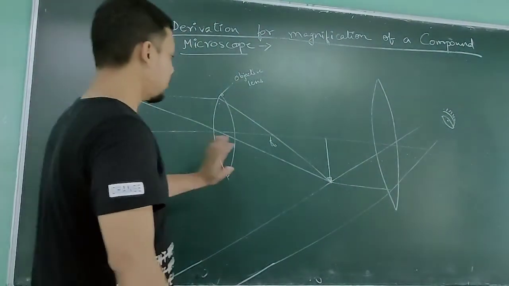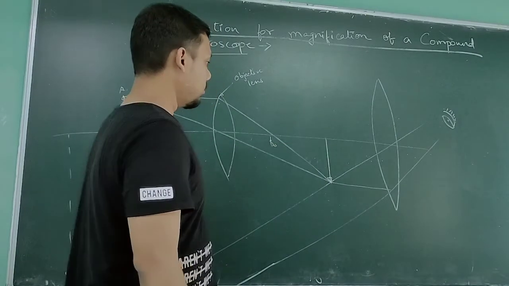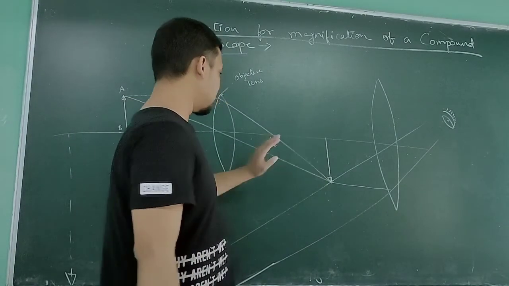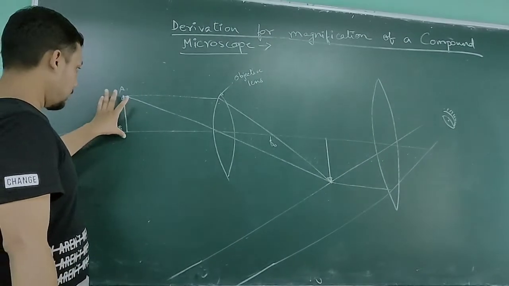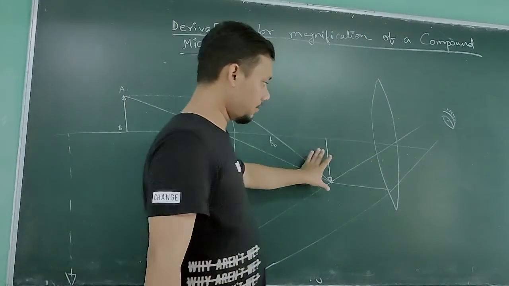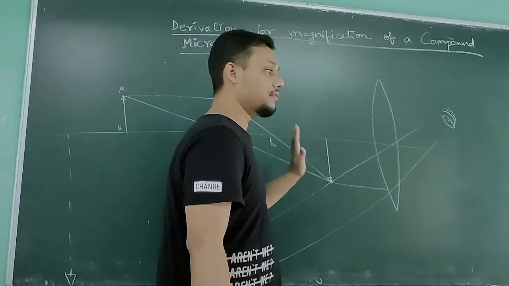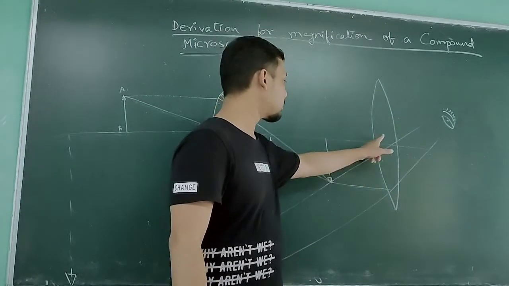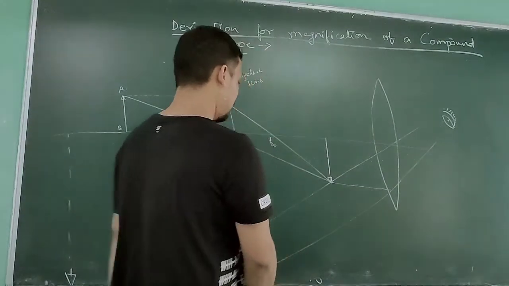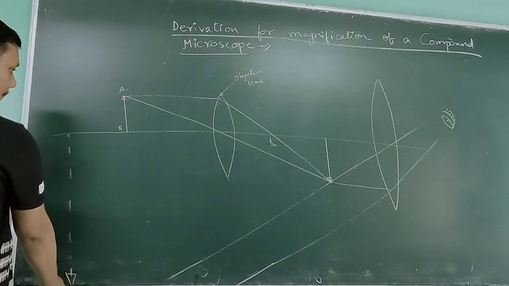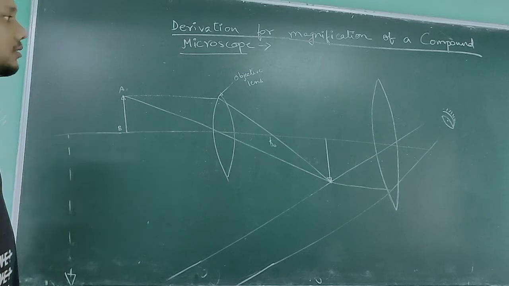This is the main object to be magnified, and its image is formed here, and this image acts as a virtual object for this eyepiece, and further it is magnified in this position. So we get a real magnified image for this compound microscope.